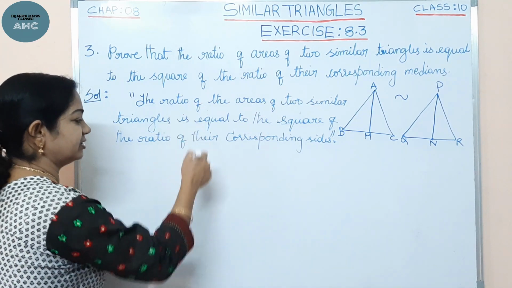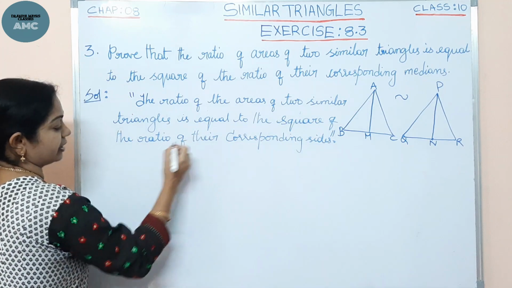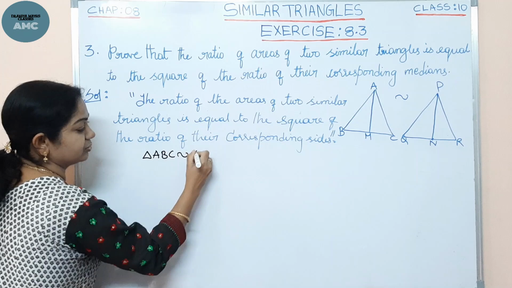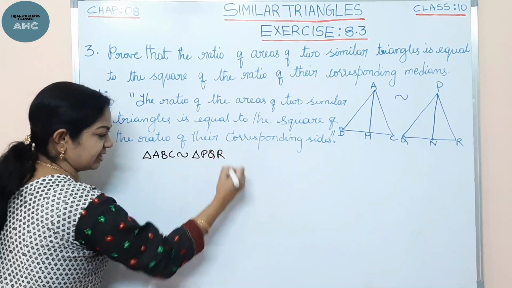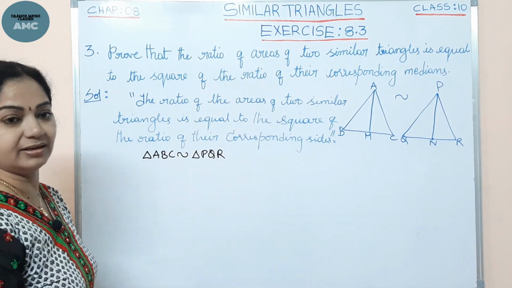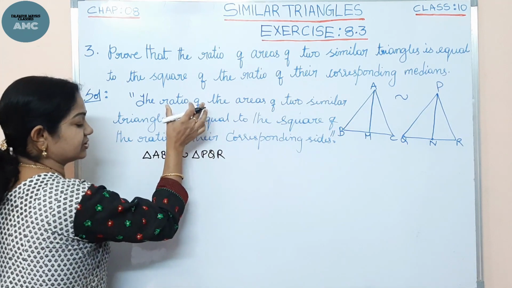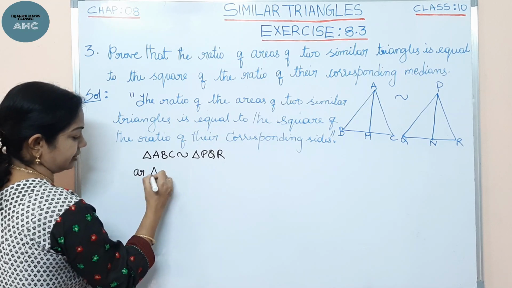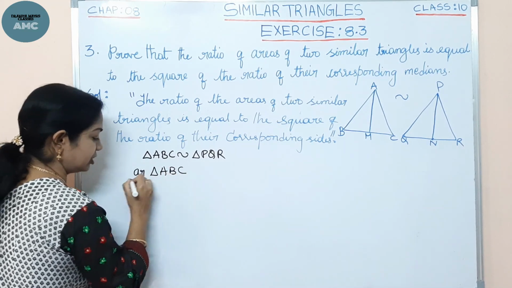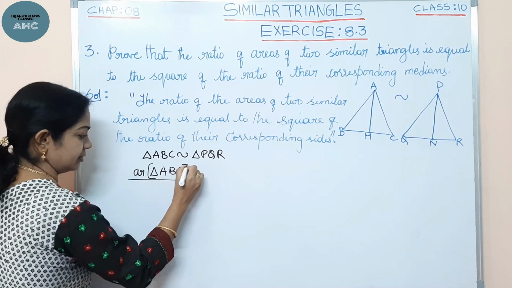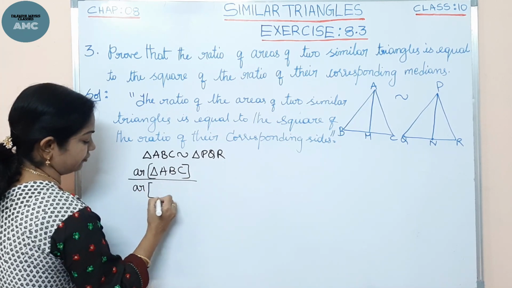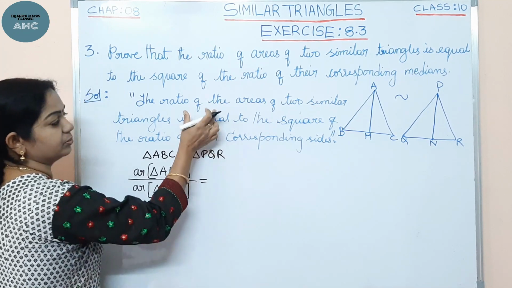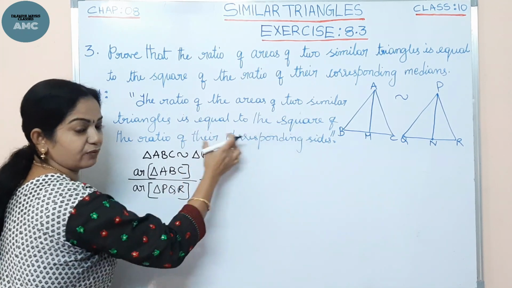From this theorem, we will write, here we know that the triangle ABC is similar to the triangle PQR, that is given. Now, according to this theorem, I'll write this in short: the area of triangle ABC by the area of triangle PQR is equal to the squares of the ratio of their corresponding sides.